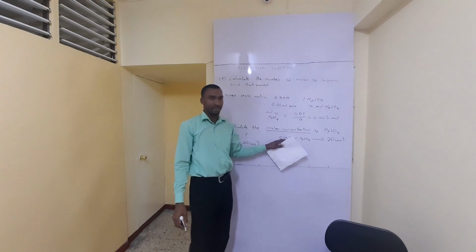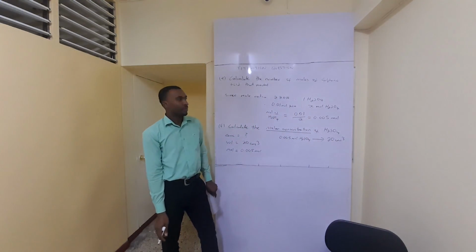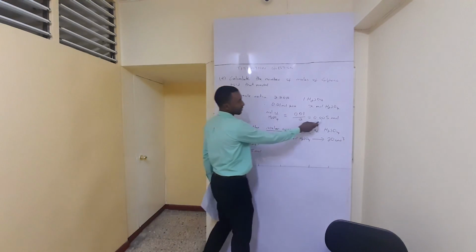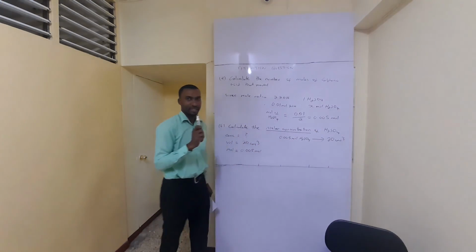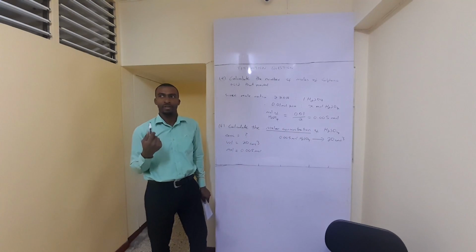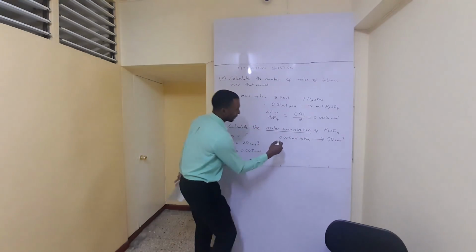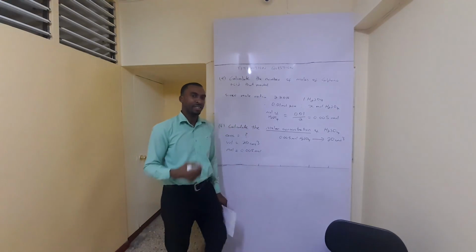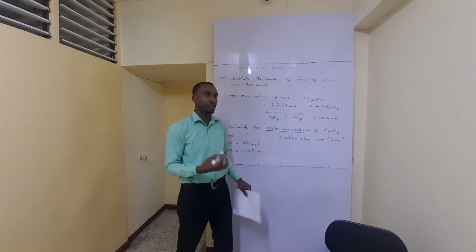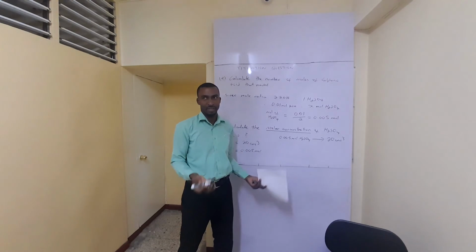We can make that statement because we calculated the number of moles of sulfuric acid using the titration, and we know the volume. That's why we can make this statement here. Therefore, to get the concentration is just basically asking how many moles is in 1000 cm3 of that solution.